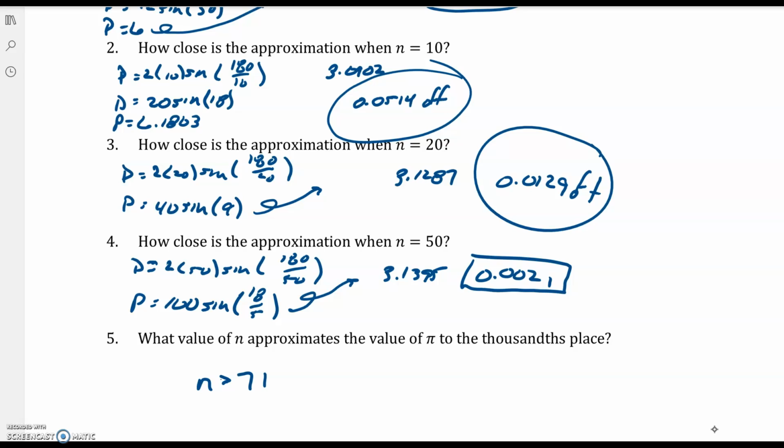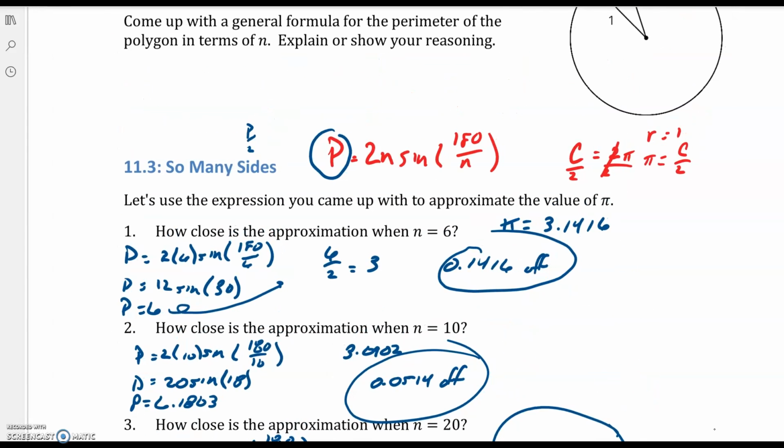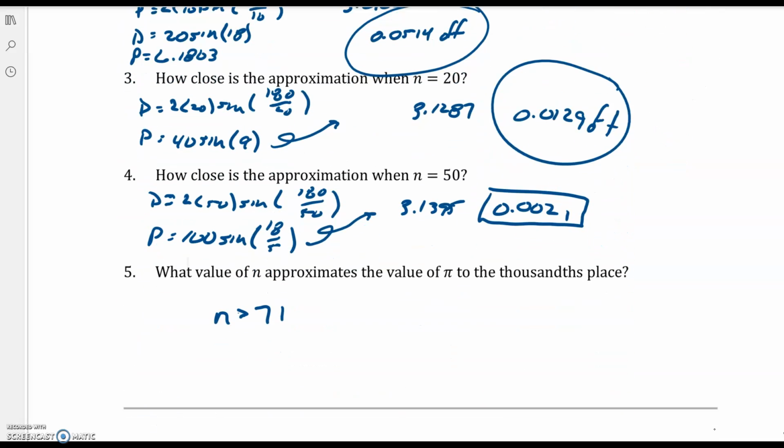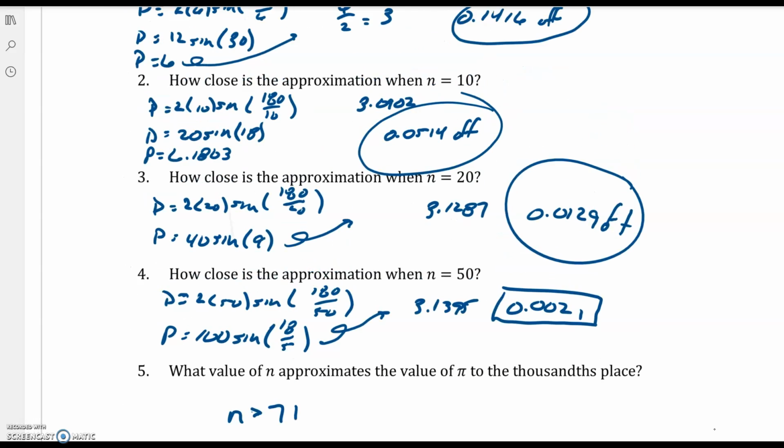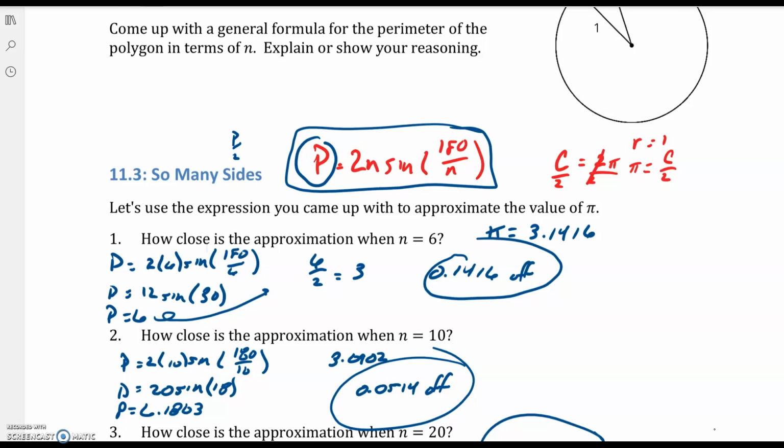So what we've done here is we've found a general formula for the perimeter of a regular polygon with a radius of 1 unit, and we can see that as we increase the number of sides, our value for that perimeter gets closer and closer to what pi is.